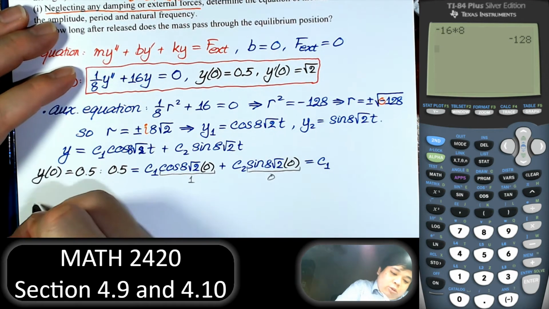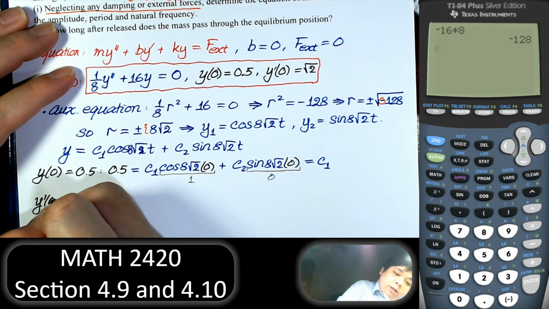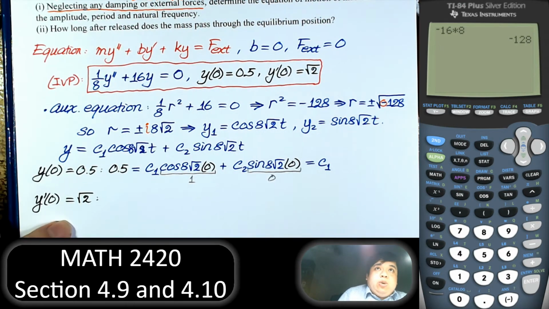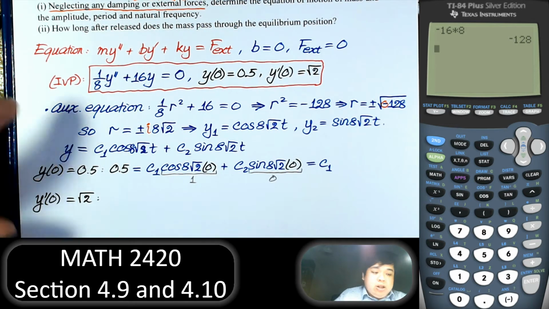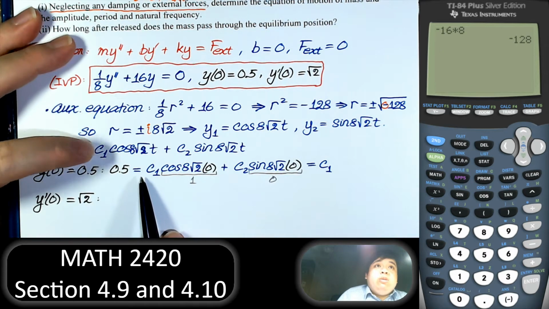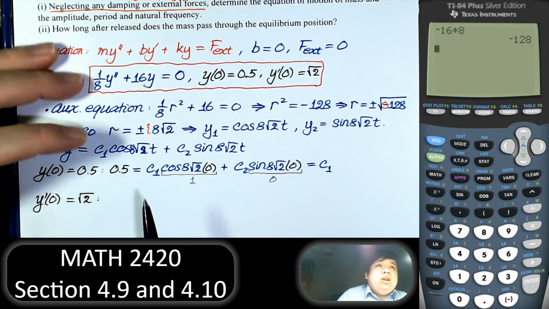Next, we take the derivative and the initial condition for the derivative. So first we take the derivative. We know c1 is equal to 0.5. If we want to, we can just go ahead and substitute that, but it doesn't matter here.